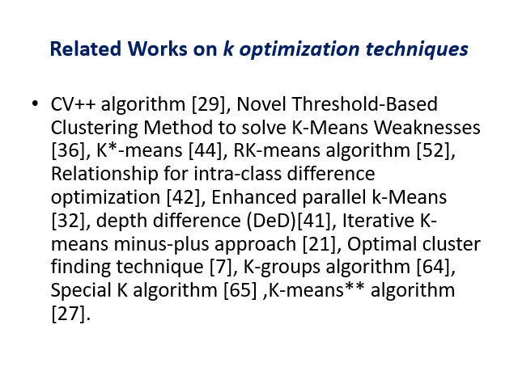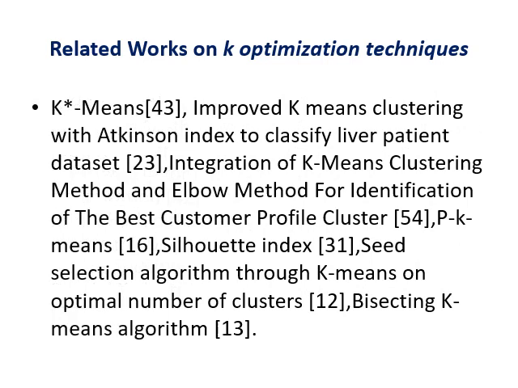So we have CV++ all the way to K star algorithm. We have got enhanced parallel K-means, interactive K-means minus approach, and all these have been discussed in the article. Next, we also have K star means, improved K-means clustering with Atkinson index to classify liver patient dataset.